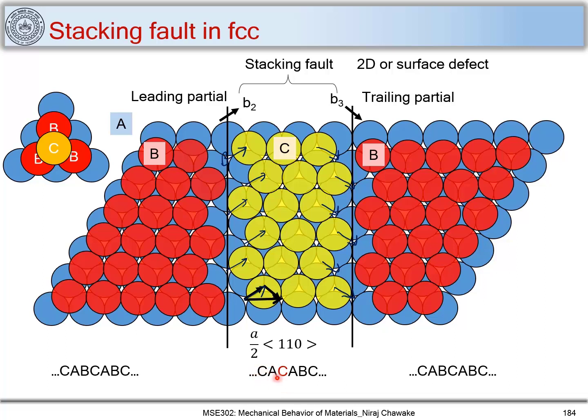This B layer has changed to a C layer, and thus there is a fault which has been created, and this is CA, CA, BC. So this is not an ideal stacking for FCC. So we have a fault which has been created here. And this fault, you can see, is bound by two partials, which are b2 and b3.